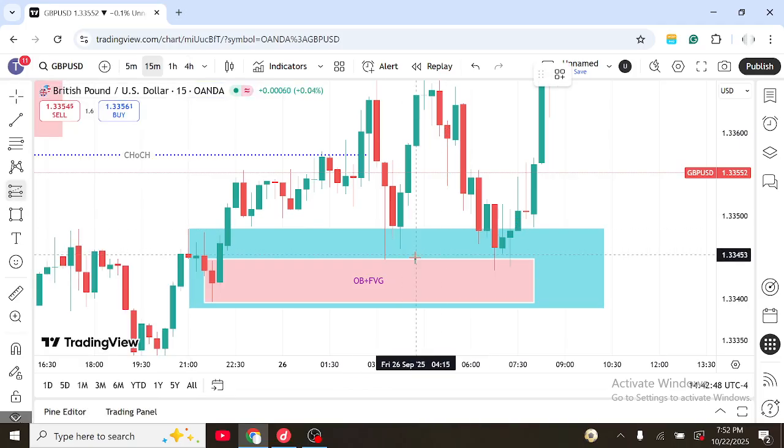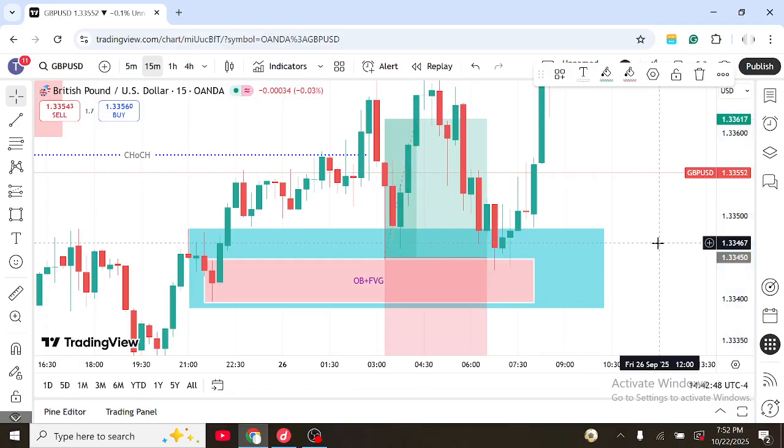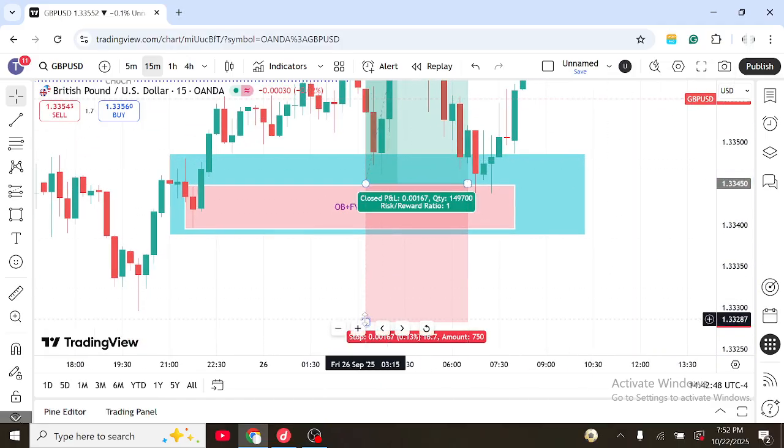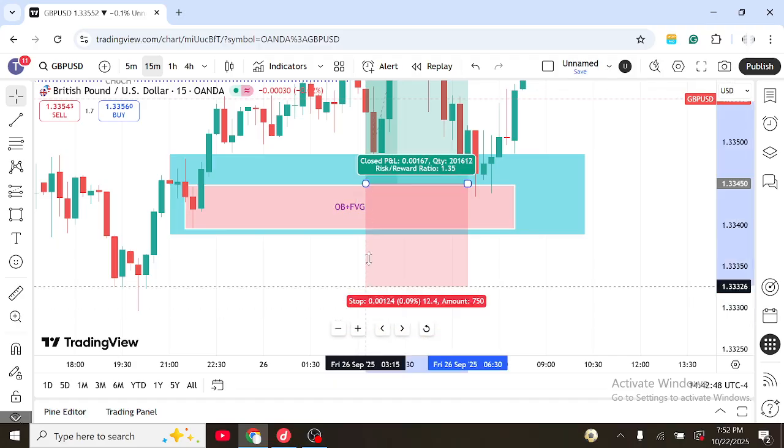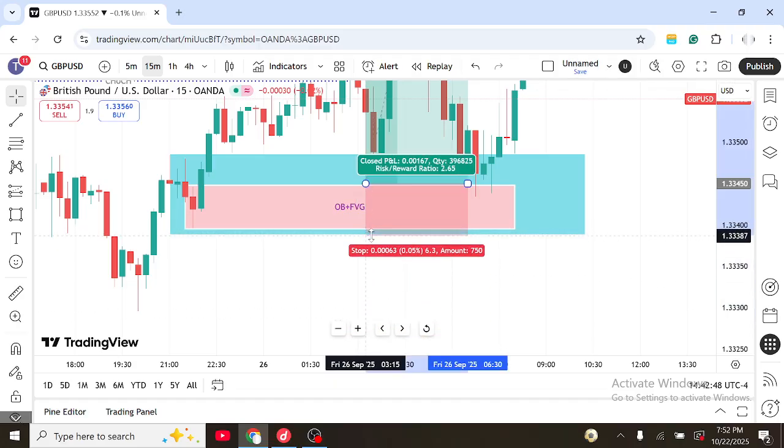All right, so just here, and then my stop loss will be below the order block. Something like this, or below the order flow. Here it is close. The end of the order block is closer to the order flow.